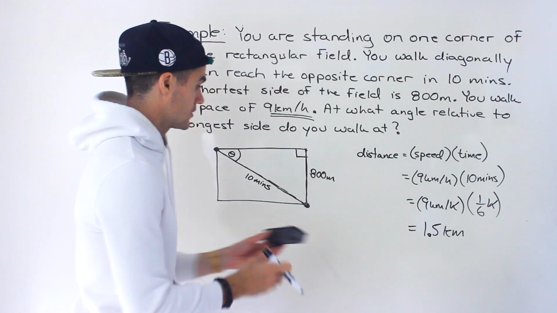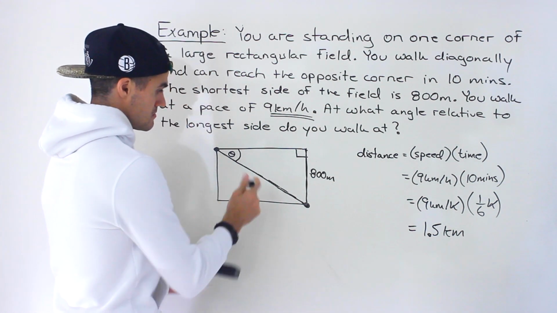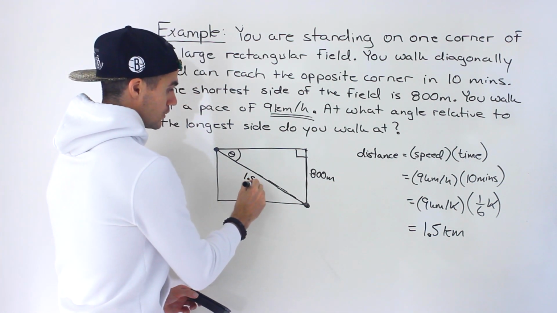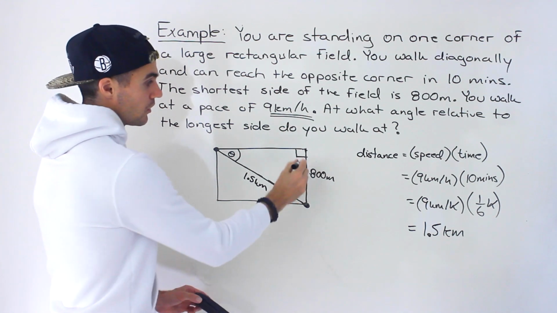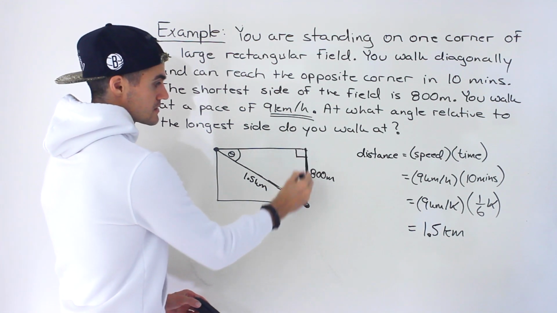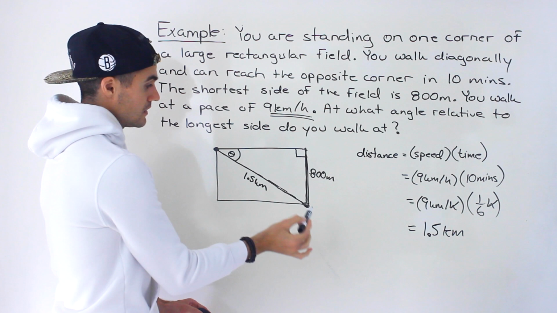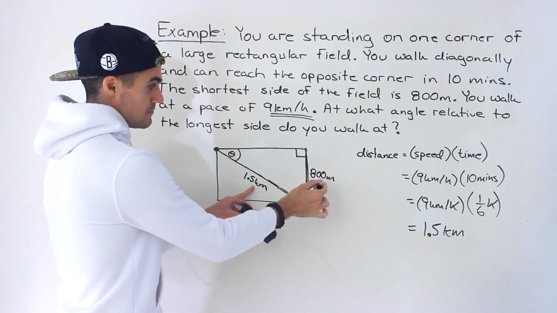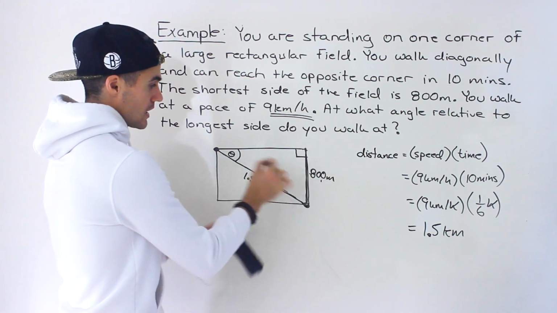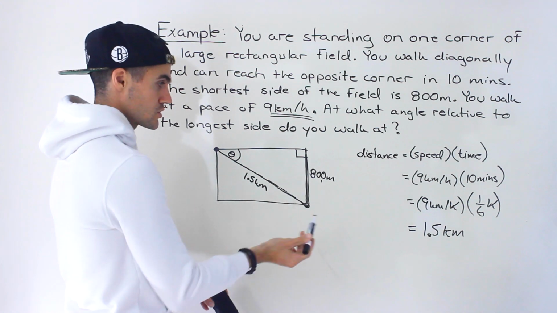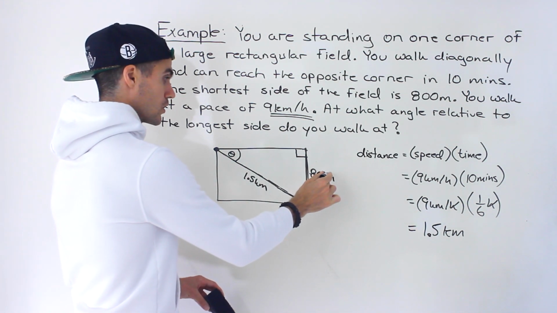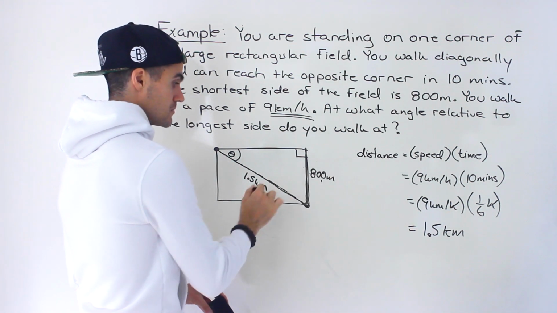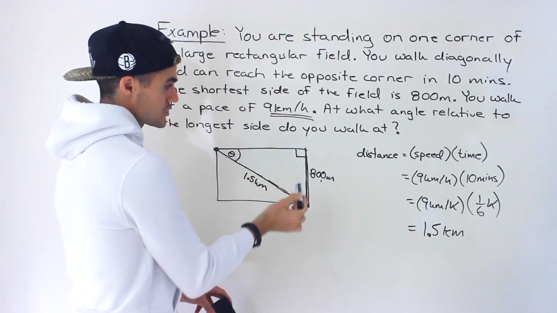This is in kilometers, so this side here we got 1.5 kilometers, but what's the problem? Well, this side here is in meters. So again, we need these to be the same units in order to solve for that angle. So we can either convert this meters to be kilometers, or we can convert this kilometers to be in meters.